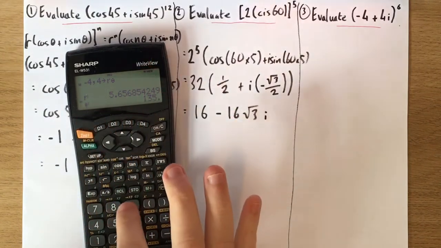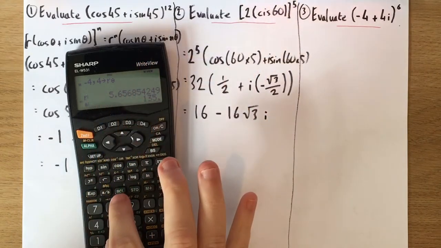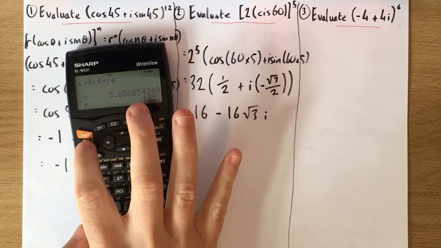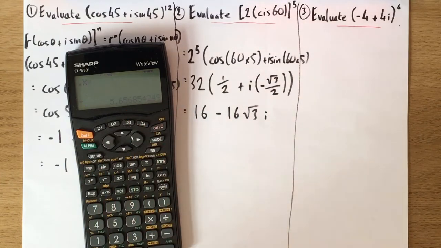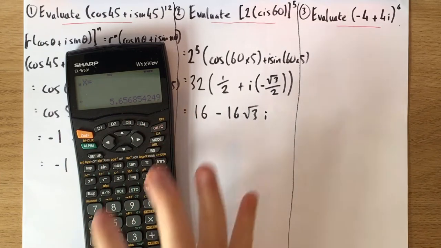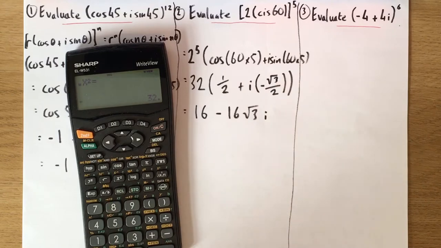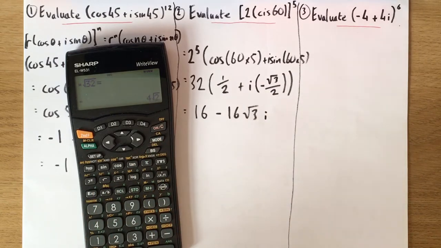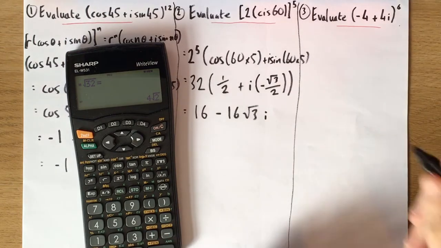So again, that modulus is stored in the x above the RCL on the calculator. So just alpha x is equal to that. So if I square that, it's 32. So it's root 32 is my modulus. So it's 4 root 2.